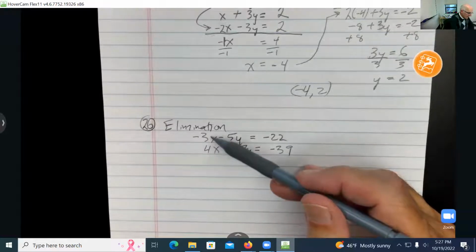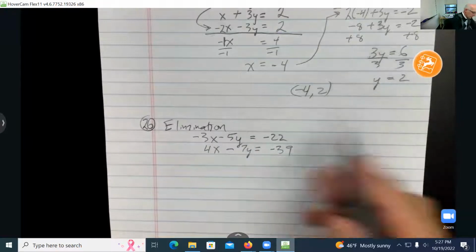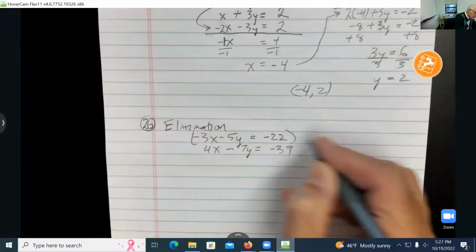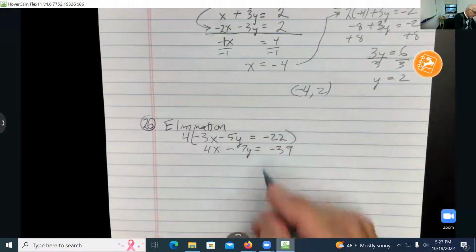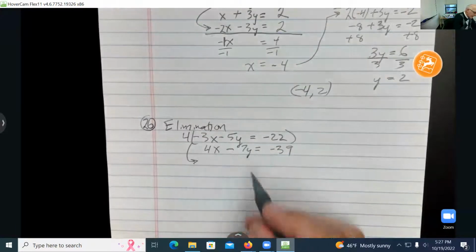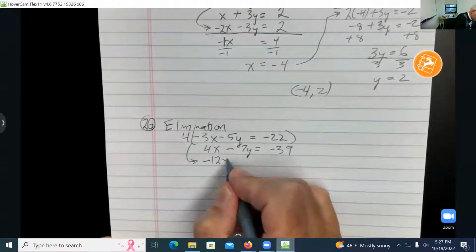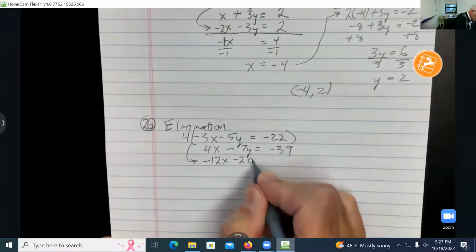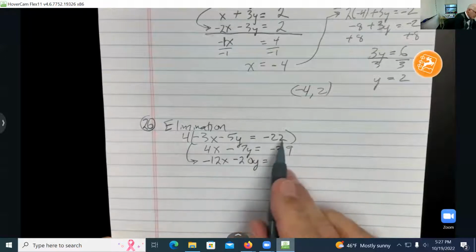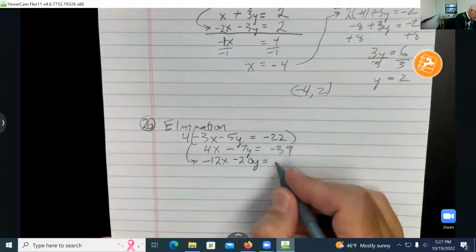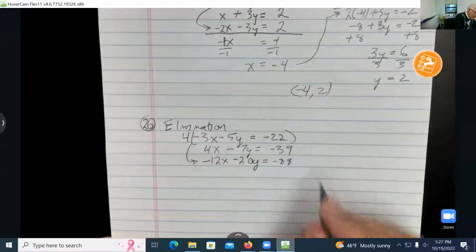It's kind of like a common multiple with one of them negative and one of them positive. So I'm going to multiply this top equation by 4. Let's swing that down underneath here. Distributive property, I have -12x minus 20y equals 4 times -22. I can do that by front end. I get -88.